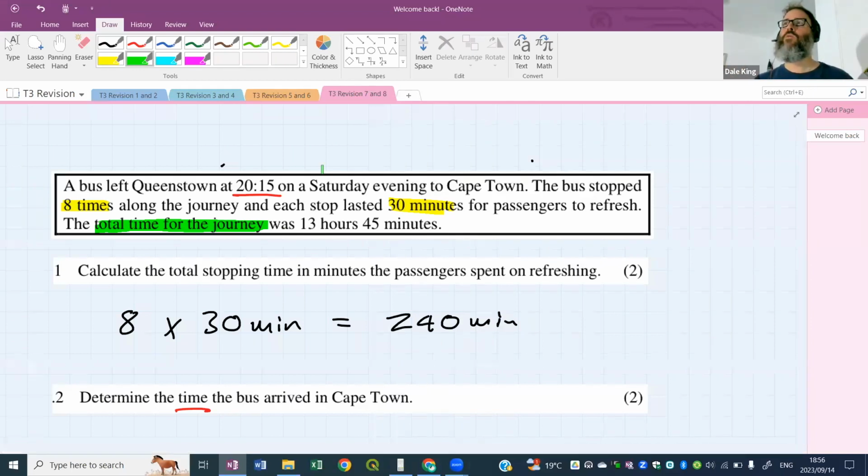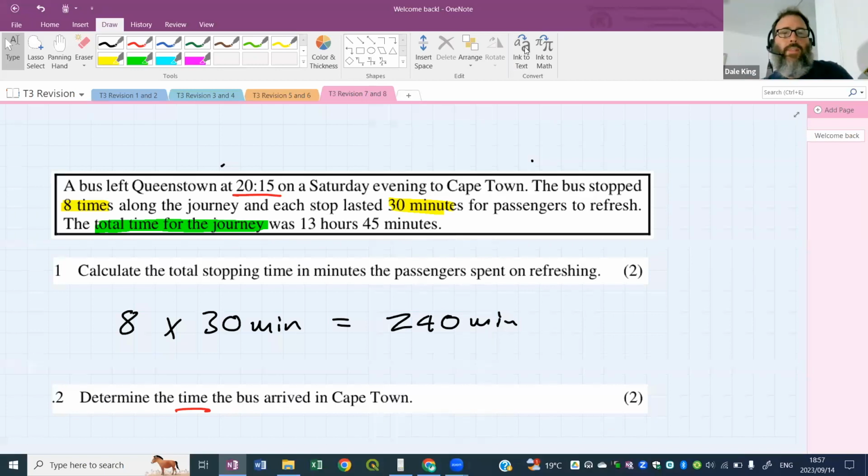They're saying the total time for the journey is 13 hours and 45. And for 2 marks, do they want us to actually add on stoppage time? If this was 13 hours of driving, then I would add on stoppage time to see what time they get there. But if they say the total time for the journey was 13 hours 45, to me, that's saying the time from when they started to when they get there took 13 hours 45, including the stoppages. You see what I mean?